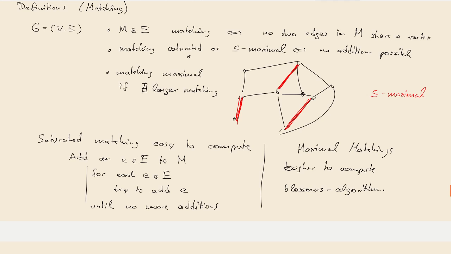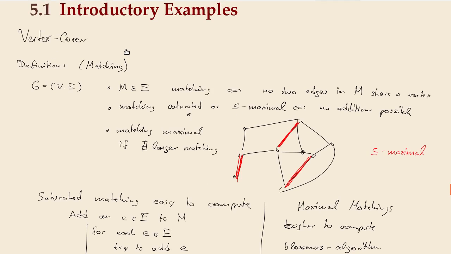You can look it up. That's based on alternating paths, and these blossoms are kind of flowery structures in the graph. It's a bit of a childish name maybe, but there's an algorithm to compute maximal matchings in arbitrary graphs. So these are both kind of simple things. Matchings are kind of easy, whereas vertex cover, of course, you remember, is NP complete.